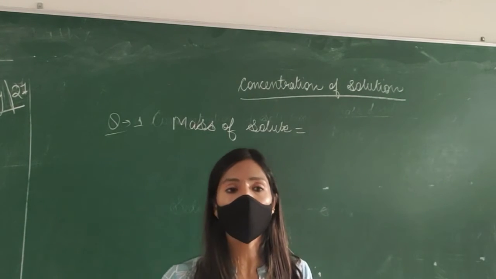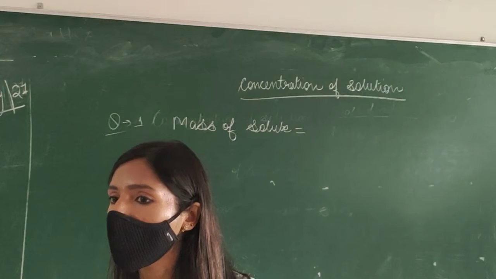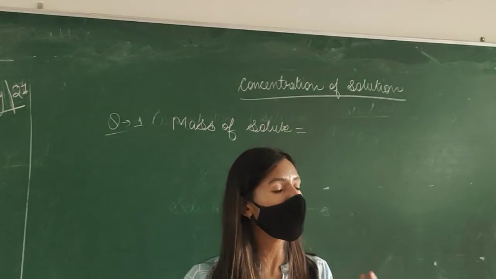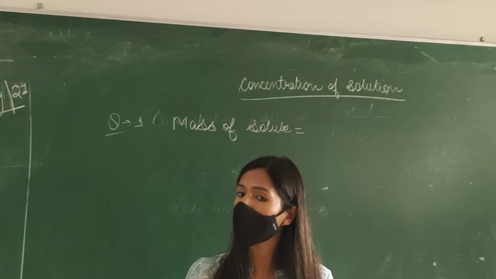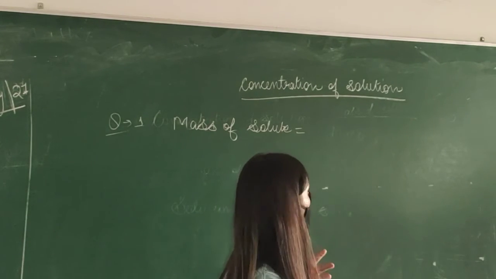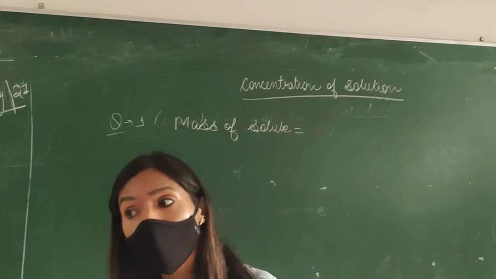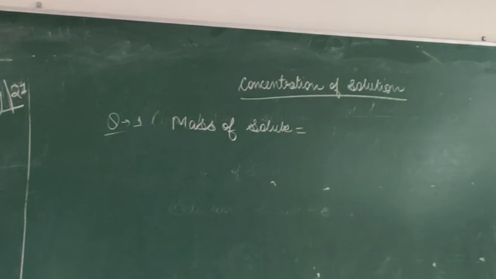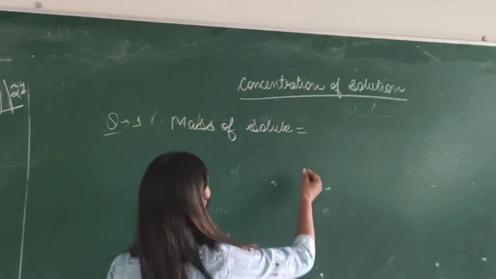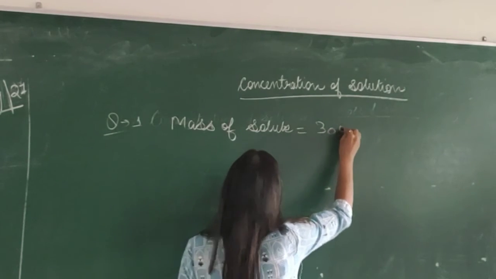I hope all of you know what is solute and what is solvent. Solute is that which is mixed into the solvent, into which we dissolve. So 30 grams of sugar is dissolved, that means sugar is solute. So mass of solute is 30 grams.